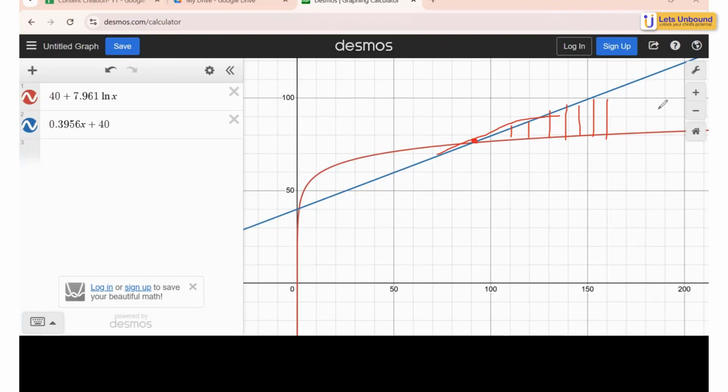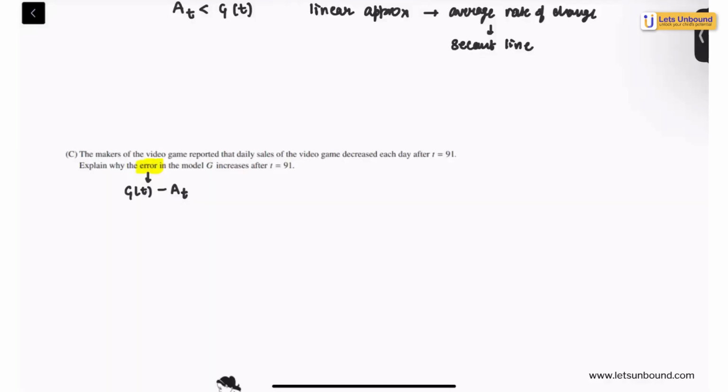So this is something which is visible from the graph for sure, but we can also give a more viable reason to justify it. So to justify it, we will say specifically G(t) is a logarithmic graph and it is the shape concave down. Now, since it's concave down, its growth becomes stagnant after a certain number of days.